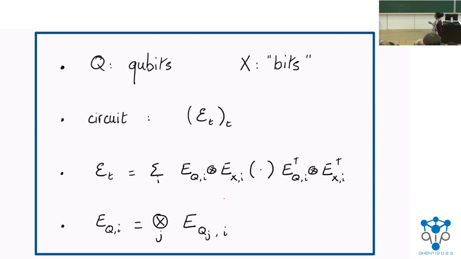The circuit is going to be a sequence of CPTP maps, and those maps are going to have to obey a certain structure, because we don't want to be able to take the qubits from our noisy quantum register, put them in our classical register, and then export them at the end when we want to retrieve our information. So to ensure that we can't do that, the kinds of maps that we allow have to be separable between the quantum register and the classical register.